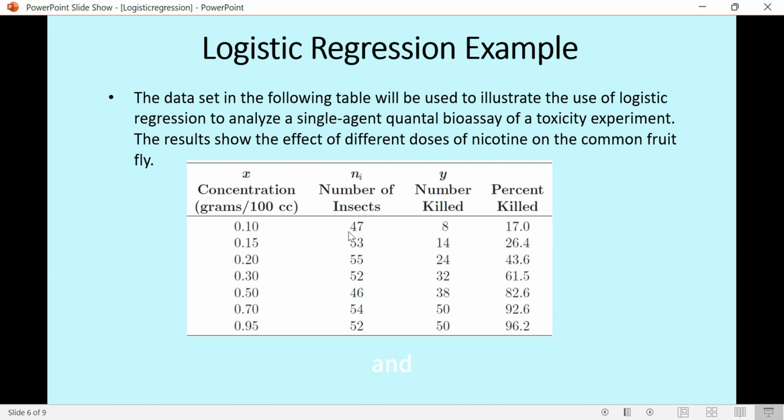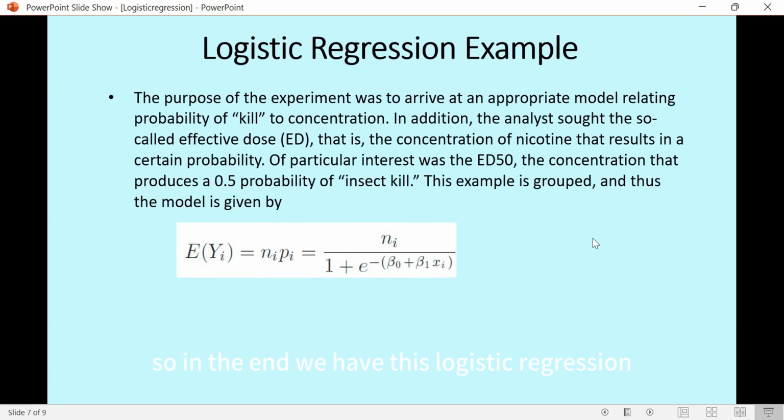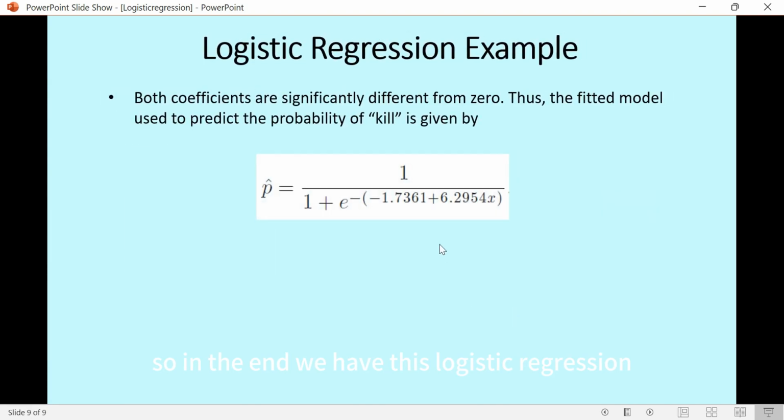And why do we get so few here and so many there? Because of different values of x. So x is related to the probability of being killed. After the log likelihood estimation, we get the parameter beta 1 for x, and we have another constant, or intercept, beta 0.